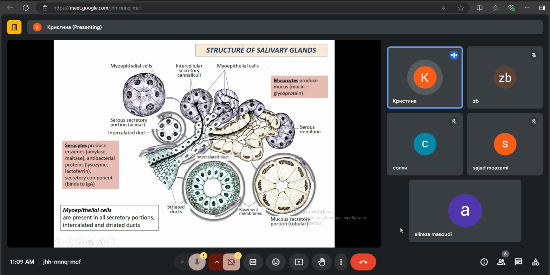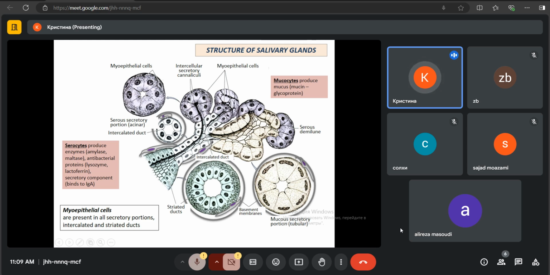These granules fill all the apical portion of the cell, and they squeeze and move the nucleus, which becomes flattened, to the basal portion of the cell. Unlike the mucocyte, the serocytes have basophilic cytoplasm. It is basophilic because of rough endoplasmic reticulum needed to produce proteins, and the nucleus is round. Myoepithelial cells are present in both cases.